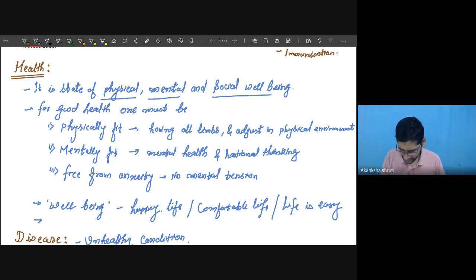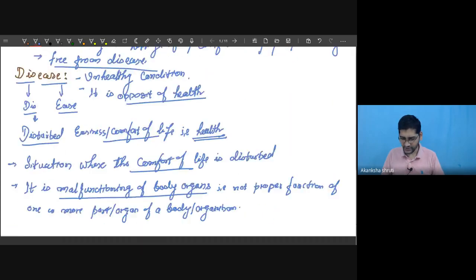Health must be free from disease. These are the conditions required for good health: physical well-being, mental well-being, social well-being, free from disease. Opposite to health is called disease.